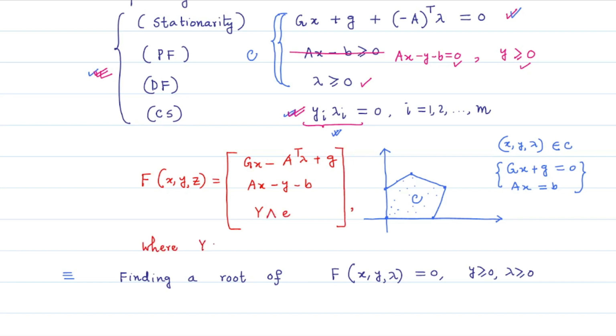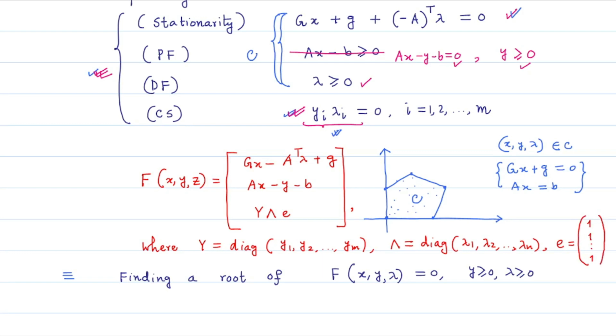where capital Y is a diagonal matrix consisting of y1, y2 till ym. Lambda is also a diagonal matrix whose diagonal entries are lambda 1, lambda 2 till lambda m, and e is a vector in the m-dimensional Euclidean space, a column vector where all components are 1.